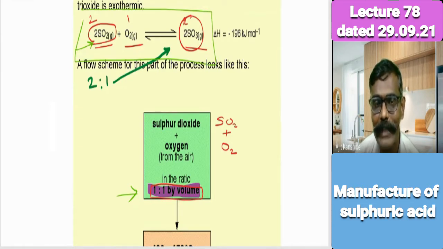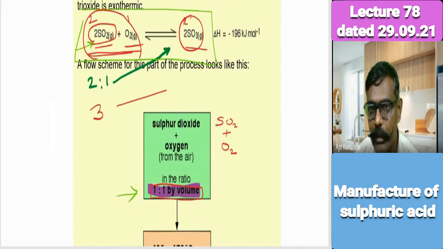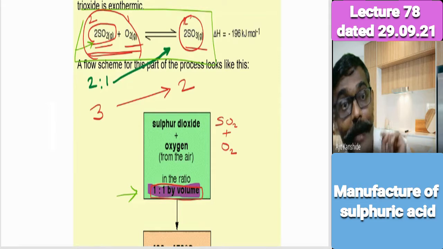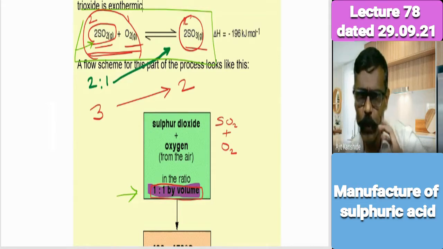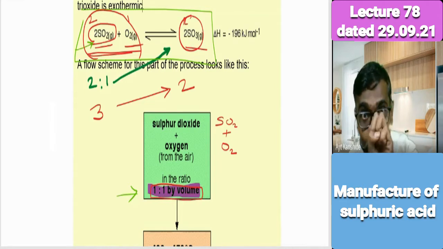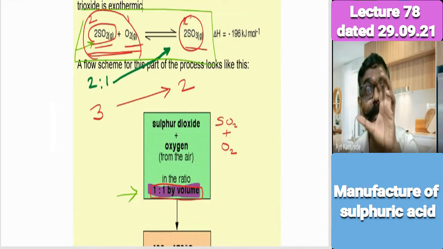Here the number of gaseous molecules on the left side is more. How many total gaseous molecules are there? 3, and it results in 2 gaseous molecules. So the number of gaseous molecules is decreasing. The course of the reaction itself is decreasing the number of molecules, so the volume will shrink.